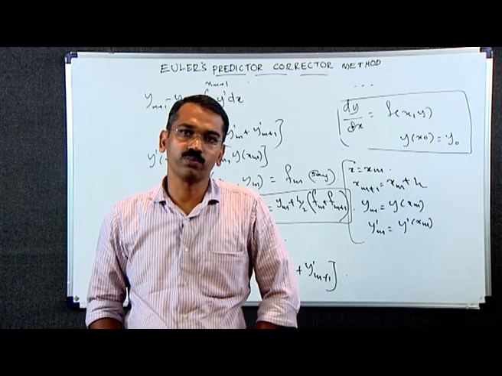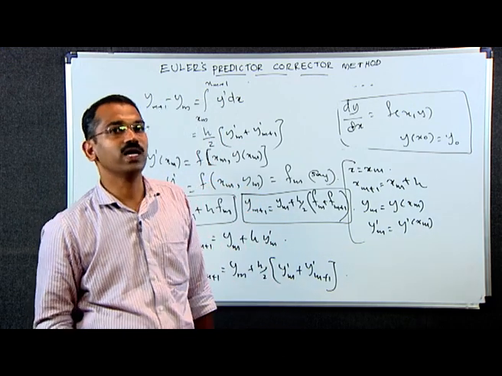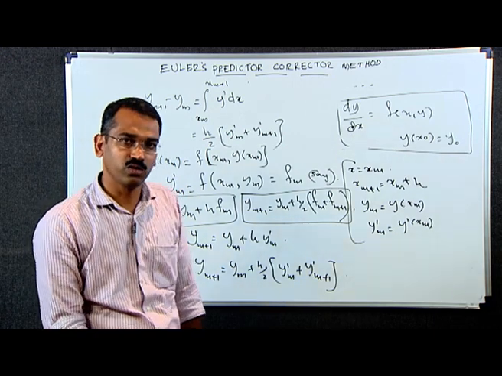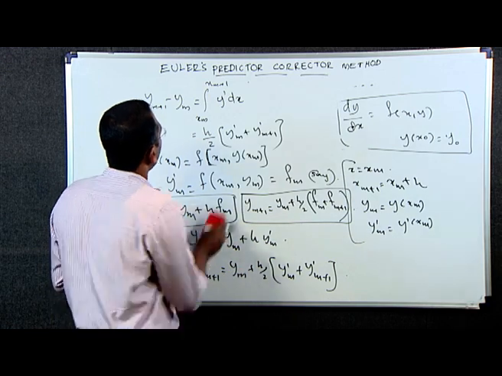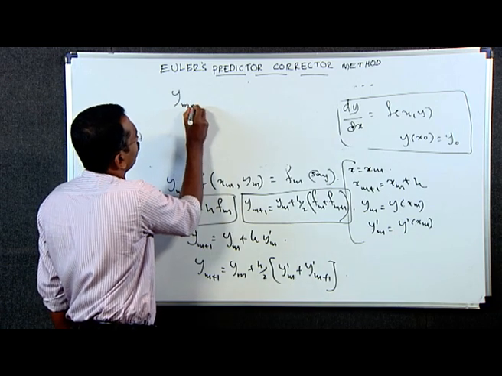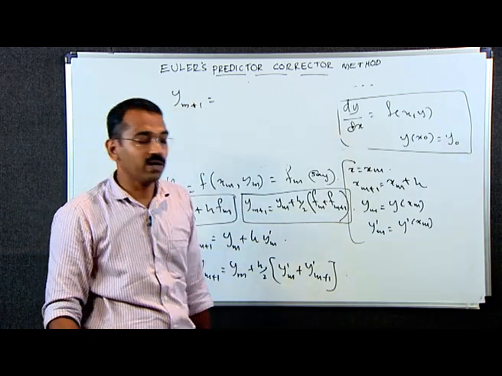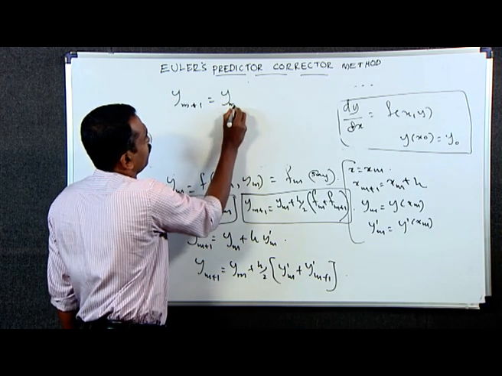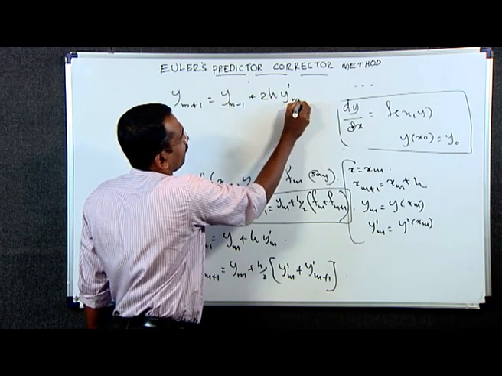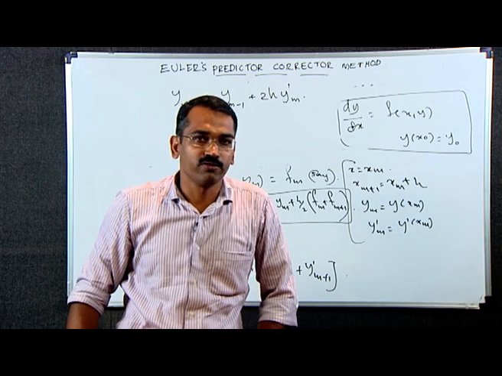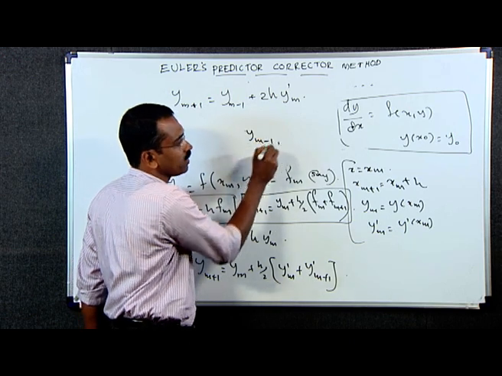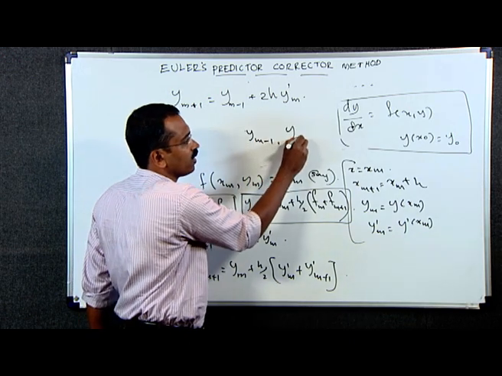However, if two preceding values of y, namely y_{m-1} and y_m, are known, it will be advantageous to use the predictor formula y_{m+1} = y_{m-1} + 2h y'_m.